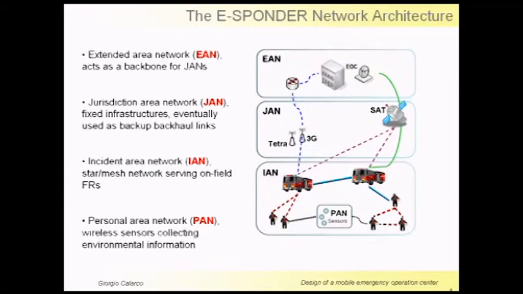Then we can have a jurisdiction area network where a satellite link or other infrastructures could be used, and then an extended area network which acts as a backbone for the jurisdiction area networks.